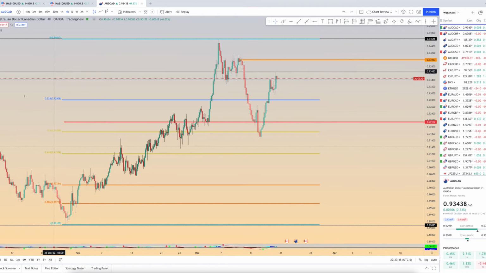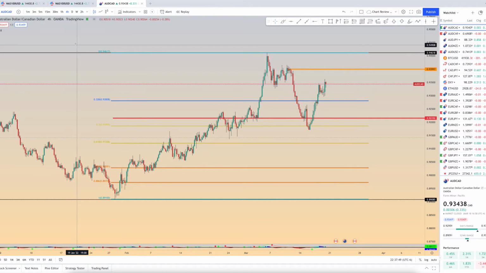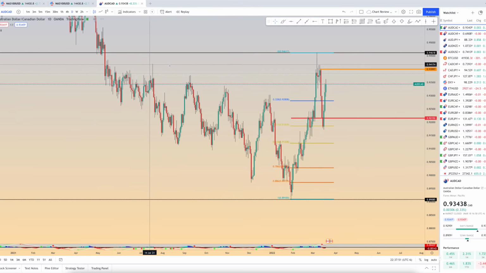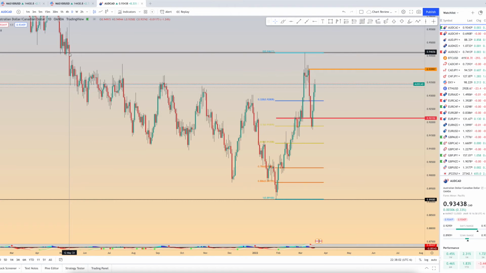So for AUD CAD, what I like to do is I typically want to find the overall support and resistance zones. And what we can see here is that this is on the daily and all the way back from May 2021. And this is when we finally crossed that zone after having it be a zone of support, right?